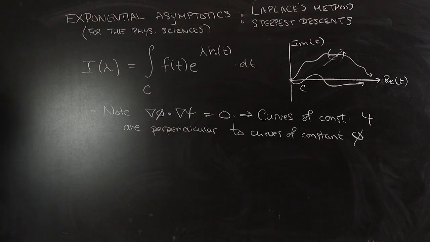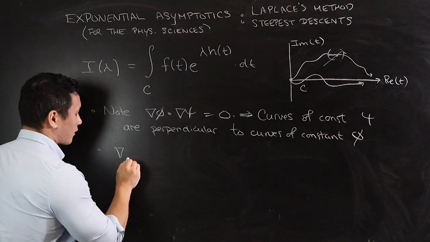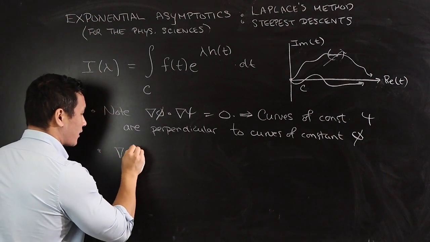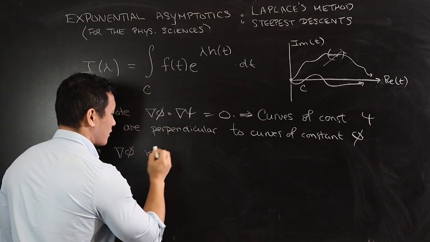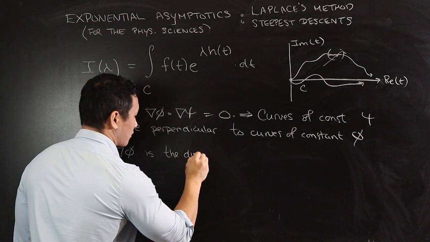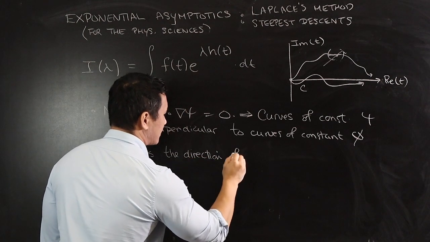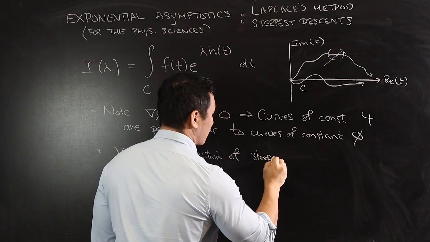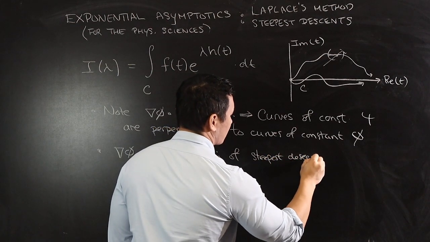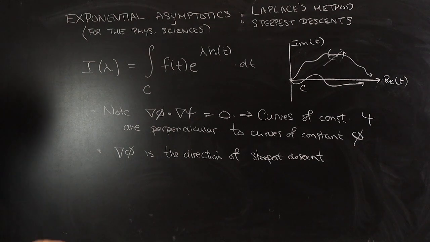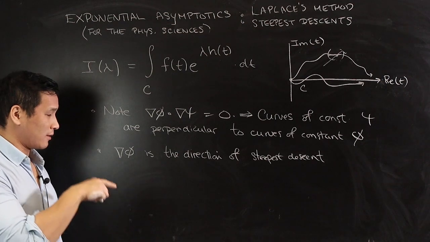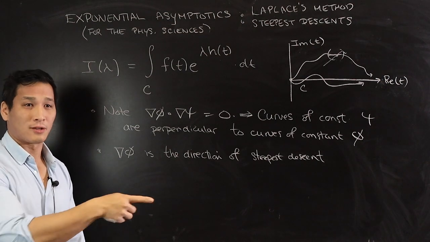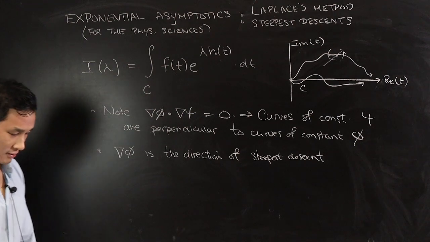The other thing we know from vector calculus is that the gradient of phi is essentially the direction of steepest descent. So if you have a surface where the height of that surface is 5xy and you take the gradient of that function, that's a vector in the plane that points in the direction of steepest descent or ascent, depending on how you think about it.